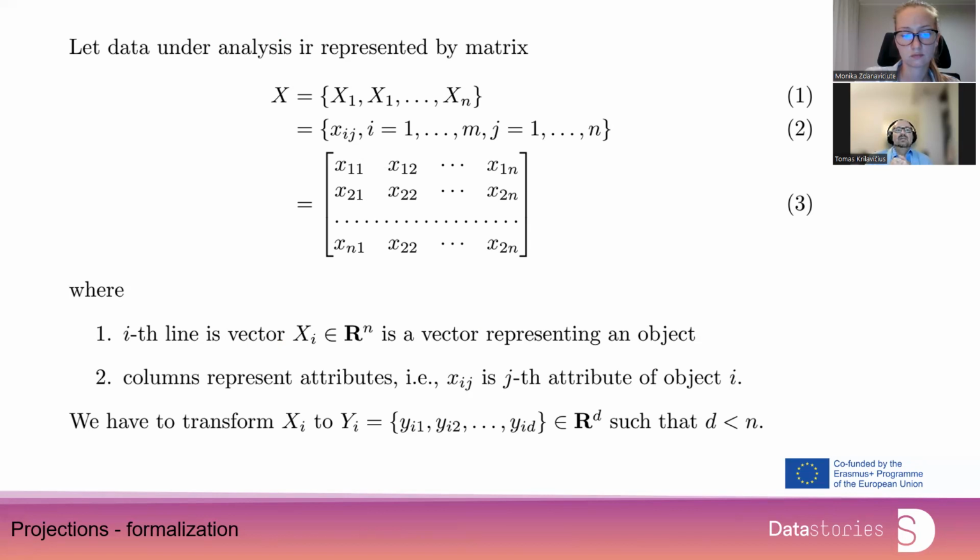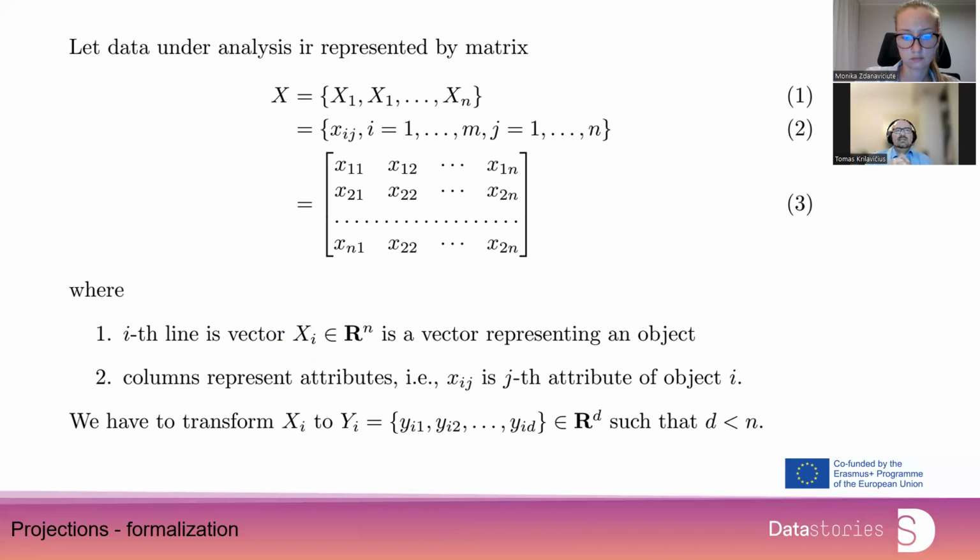So we have an n-dimensional space, and we can have any number; in this case, of course, it's m, but it doesn't matter too much. We have a specific number of objects. What we want to do is move from this n-dimensional space to a lower space, which should of course have fewer dimensions. As I have mentioned before, it should be 2 or 3 dimensions.